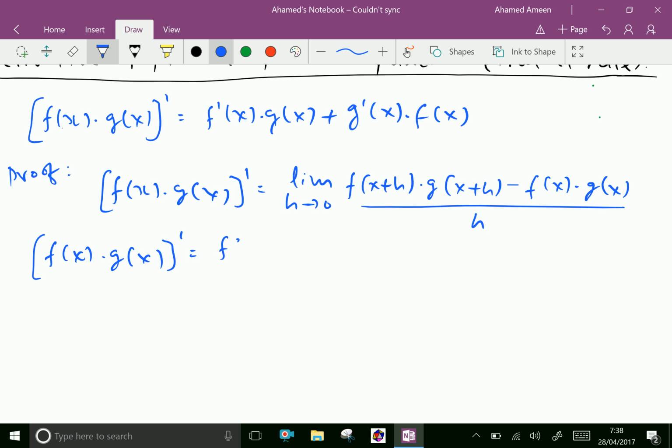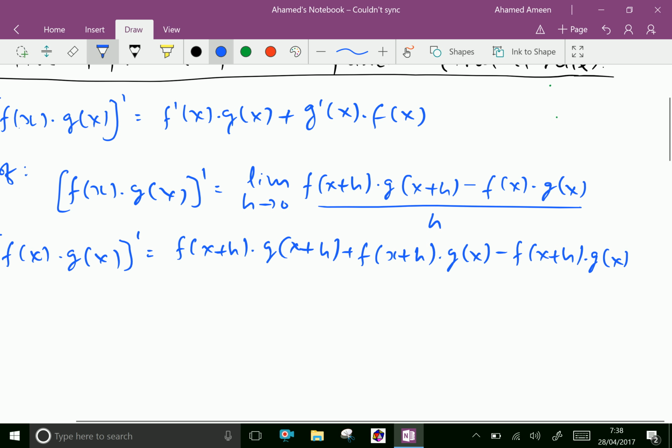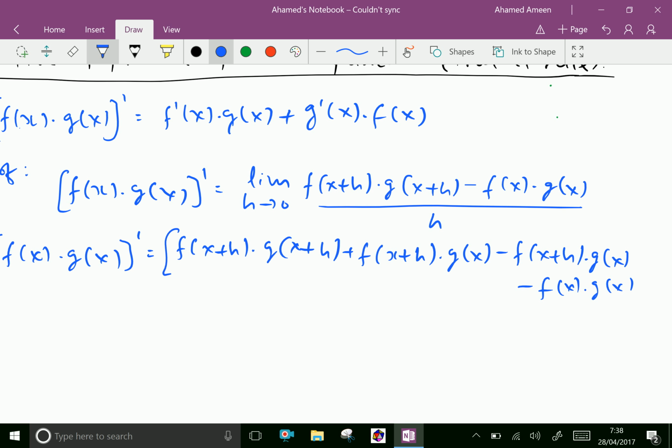First write f(x+h) g(x+h), add and subtract f(x+h) times g(x), minus f(x) times g(x), over h, that is 1 over h.